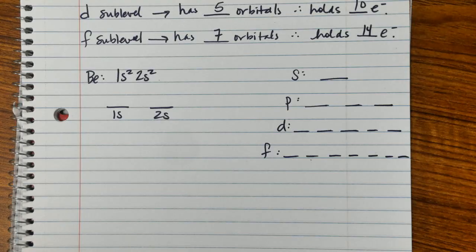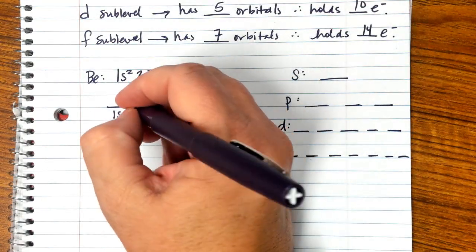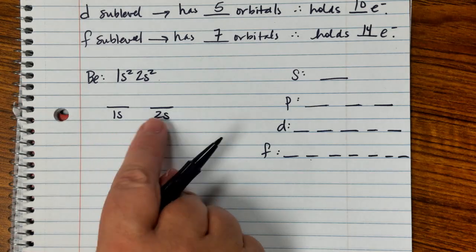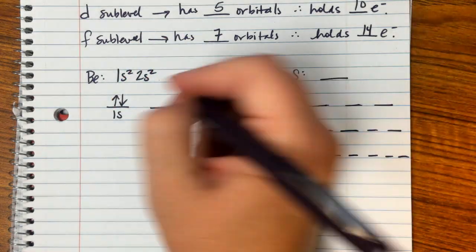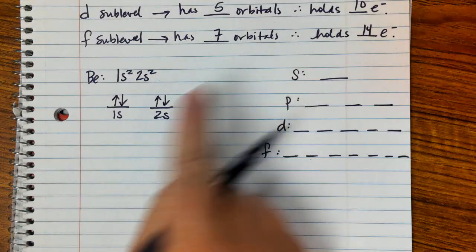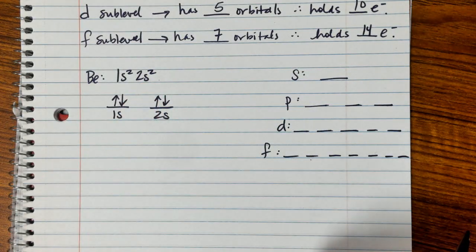Anybody remember? It is a German word. Aufbau. Okay. So we have to fill the 1s before we're allowed to go to the 2s. So I'm going to fill it up. 1, 2, up, down. And then up, down. That's 4 electrons represented. I had 4 electrons here, so we're good to go.